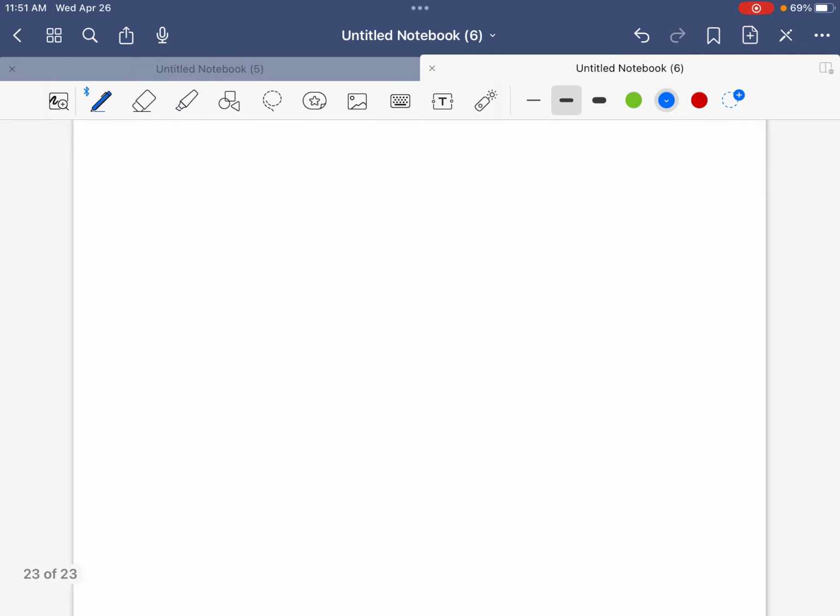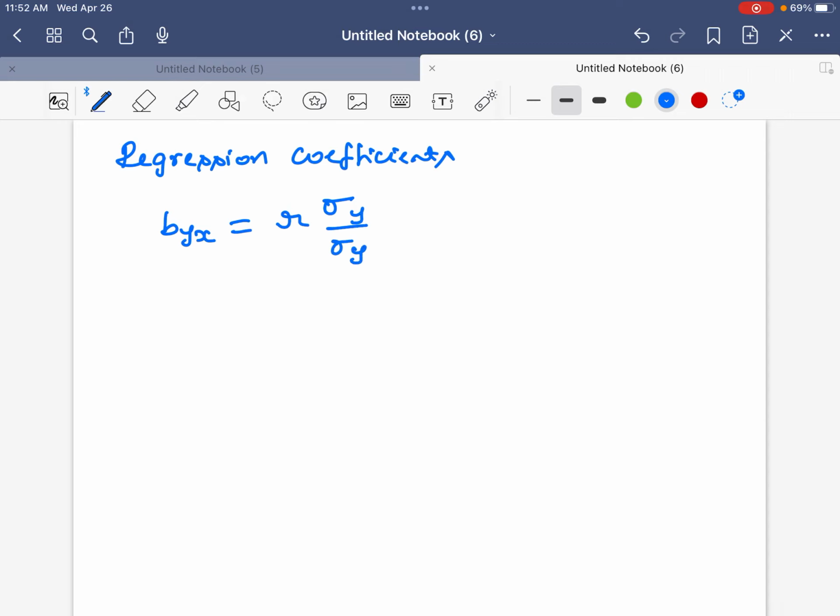Now, knowing the correlation coefficient, we can find the regression lines. Before finding the regression lines, we'll take the regression coefficients. The formula for the regression coefficient, which we discussed in the previous video, is byx equals r into sigma y by sigma x, or alternatively we can write byx equals summation xy divided by summation x square.